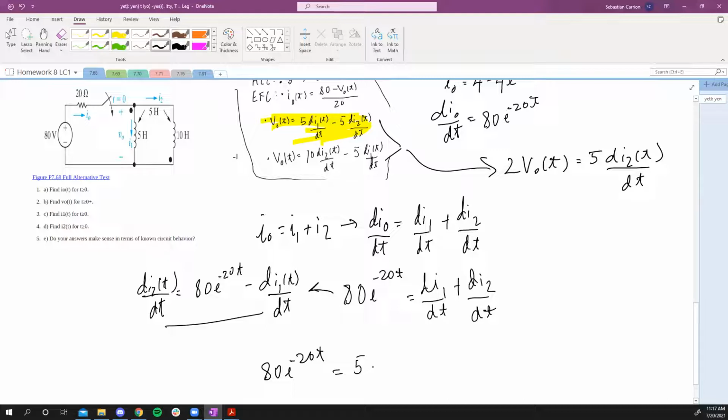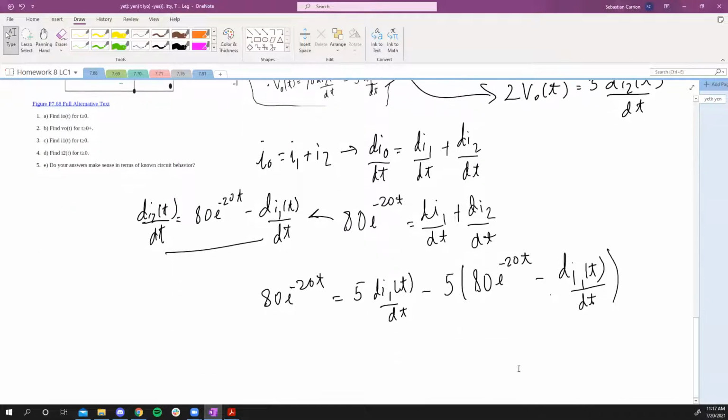So 80e to the negative 20t equals 5 di1(t)/dt minus 5 times (80e to the negative 20t minus di1(t)/dt).